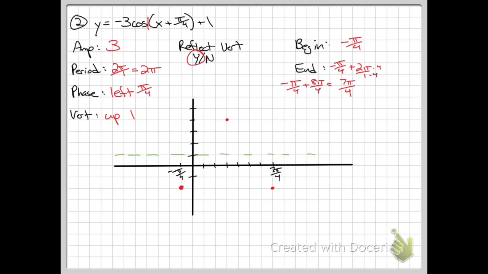And then the middle of those pieces on the green line. When you just plot the 5 points for cosine, it's very much going to look like a pointy V, but try to make it look like a curvy wave function. There's my cosine graph. One more.